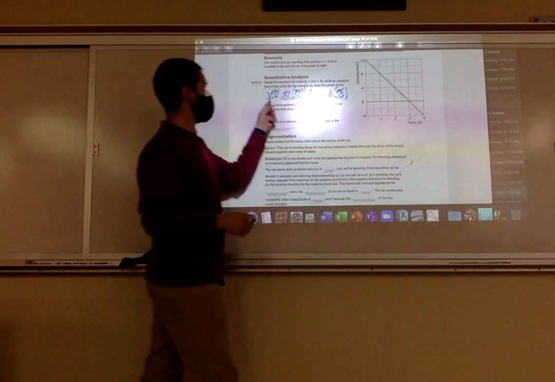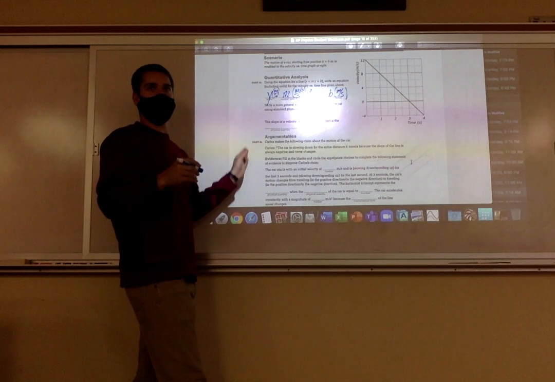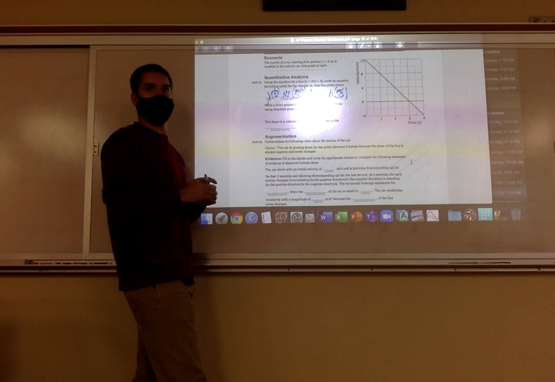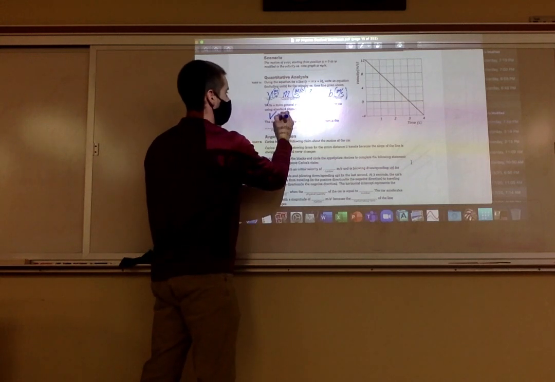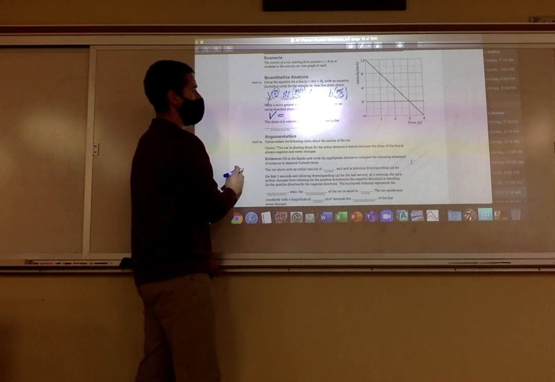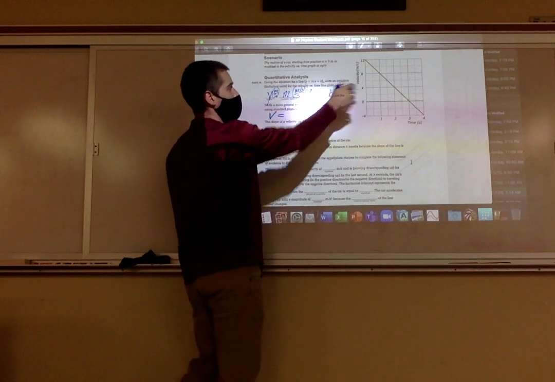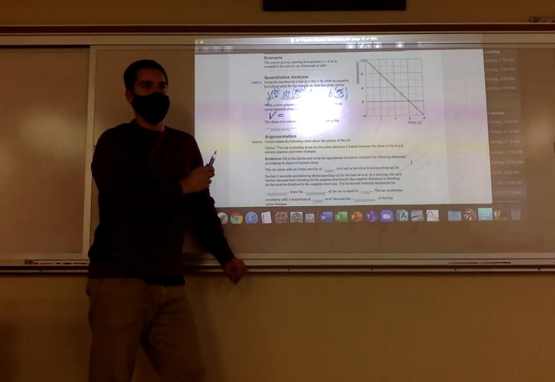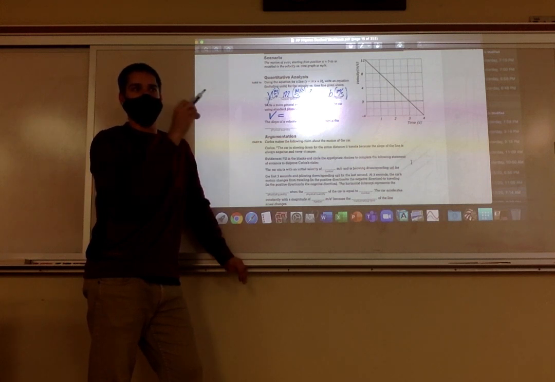Our y-axis, what is the y variable? The y-axis is measuring what? Yeah, velocity. That's v. Our slope, what's the slope of a velocity time graph? What's that quantity called in physics? The change in velocity over time.